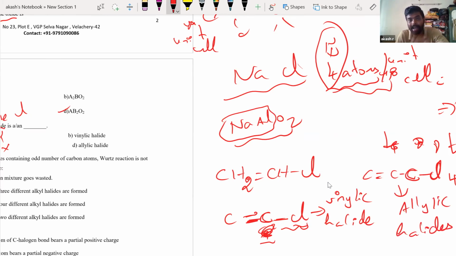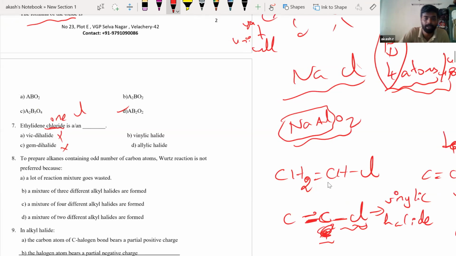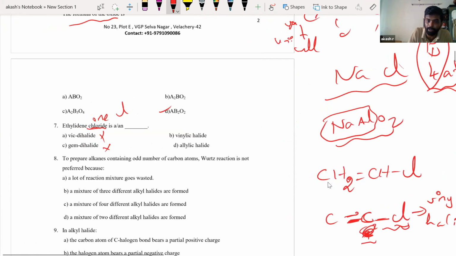If the chlorine is directly attached to the carbon having the double bond, it's a vinylic halide. But if there is a carbon in between that does not have a double bond, it becomes an allylic halide. So can I conclude this question by saying this is a vinylic halide because this is the structure? I have a double bond, and chlorine is directly attached. This is my vinylic halide.